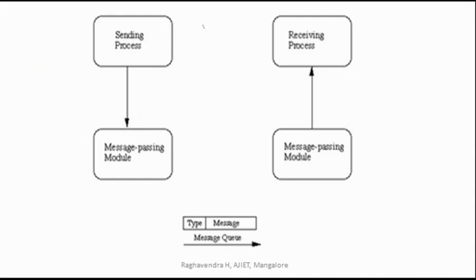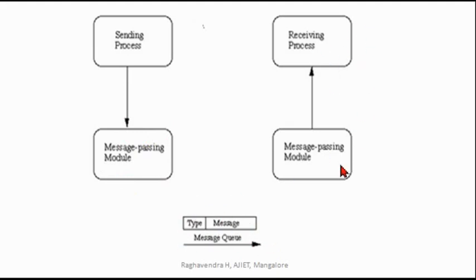You can see here a message queuing block diagram. There is a sending process and a receiving process. The sending process passes the information it wants to send to the message passing module. From the message passing module, it is stored into the message queue.